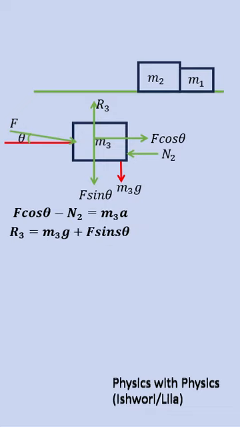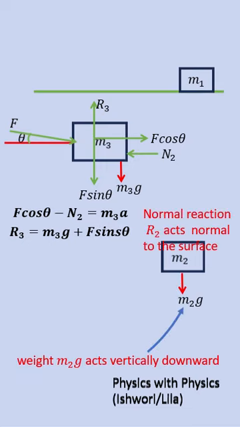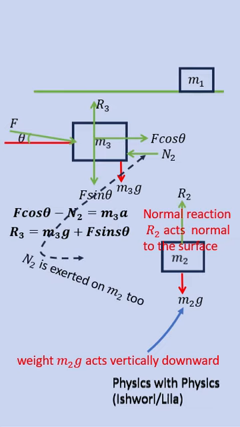Now let's do the same for mass m2. The weight acts vertically downward. The normal reaction acts upward. Now, here we have mass m2, and here mass m1.